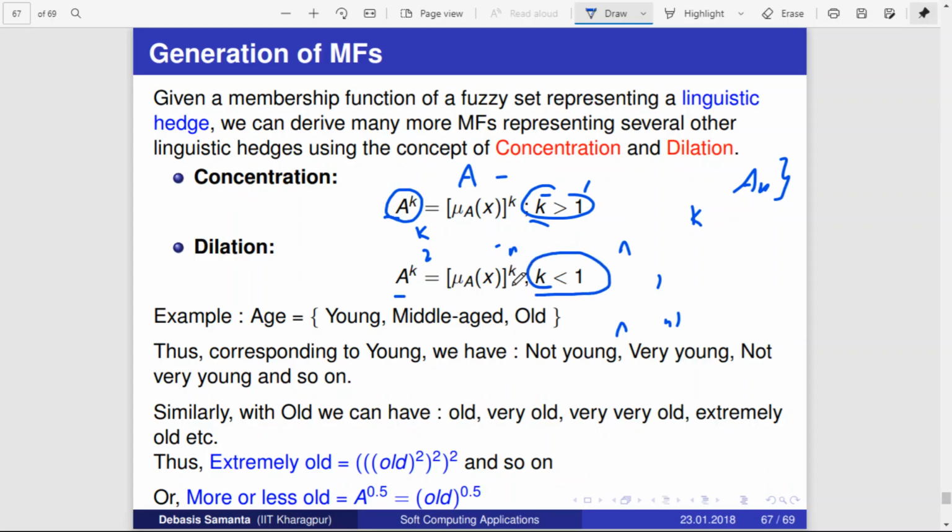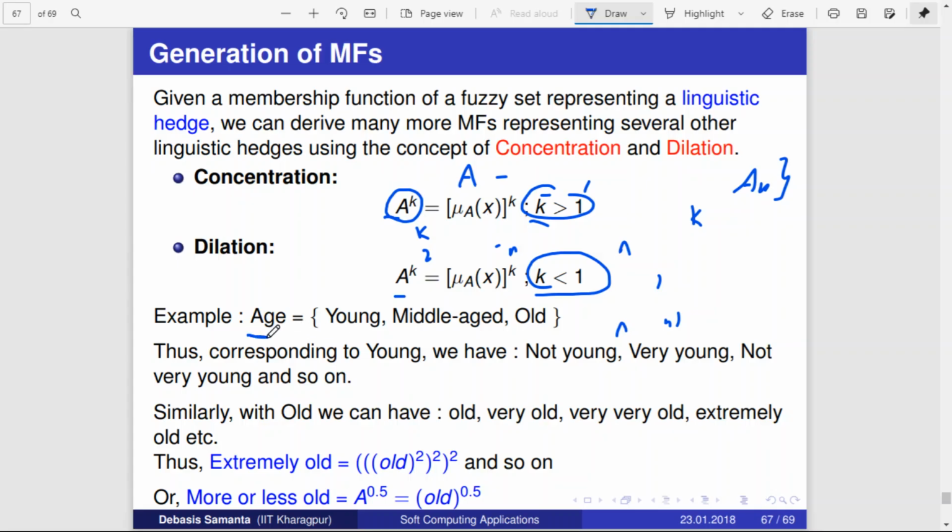If k is less than 1, then we call it dilation. As we already discussed, it is used to create more fuzzy sets from an existing fuzzy set. Concentration is something like increasing in the positive direction and dilation is something like increasing in the negative direction.